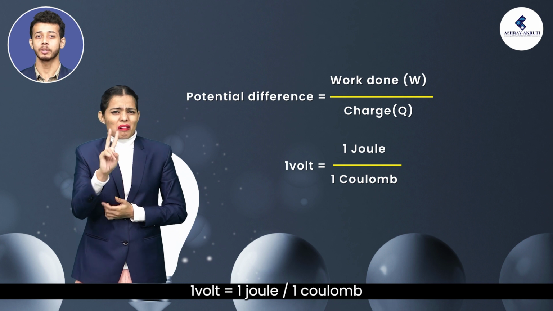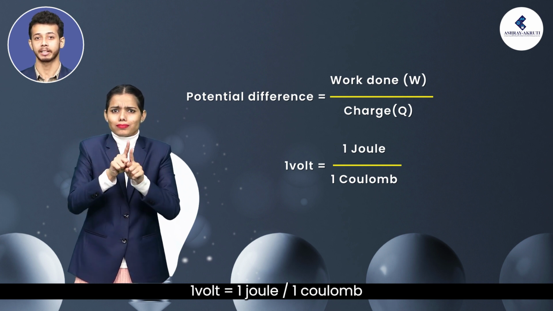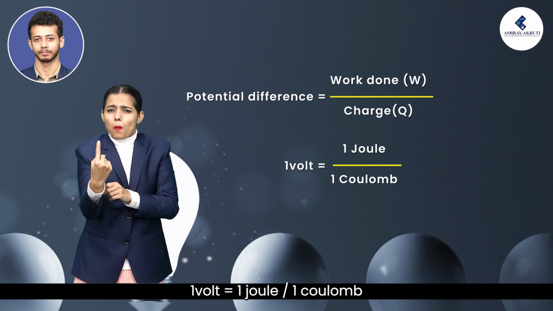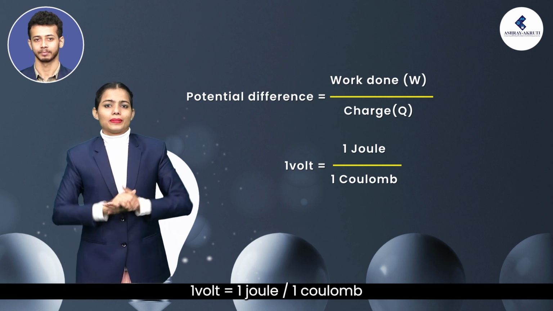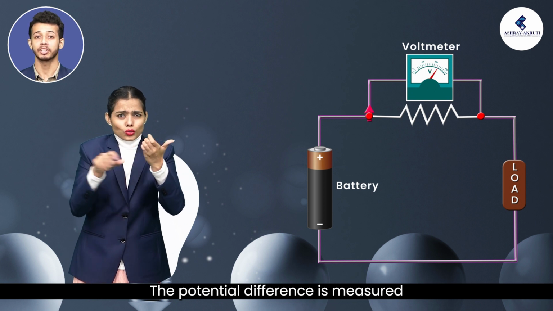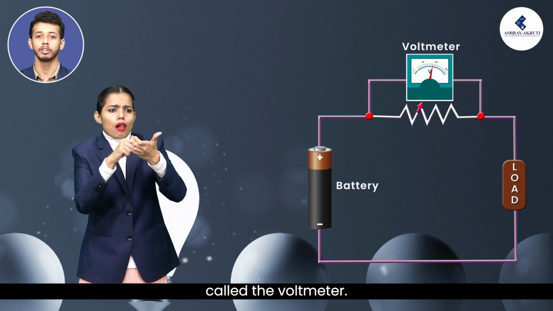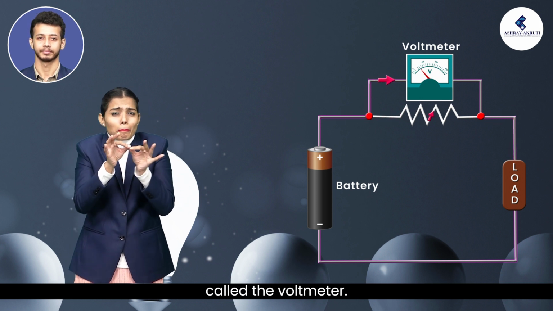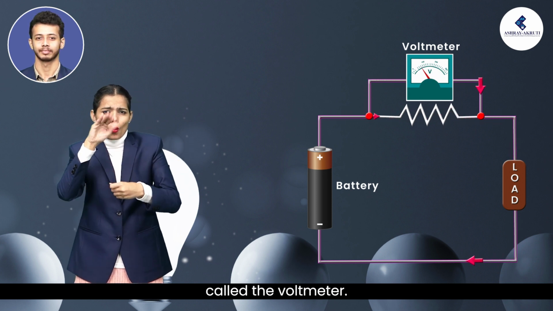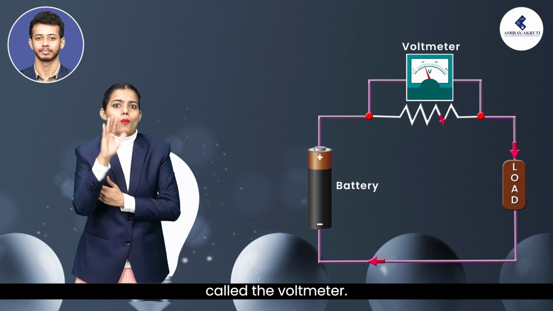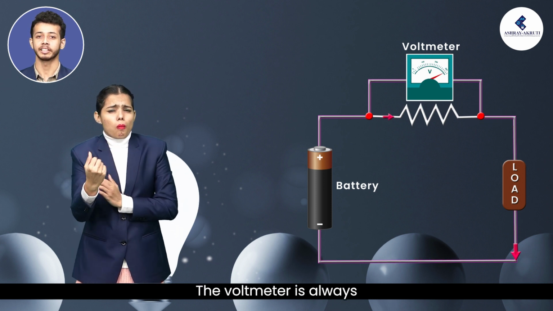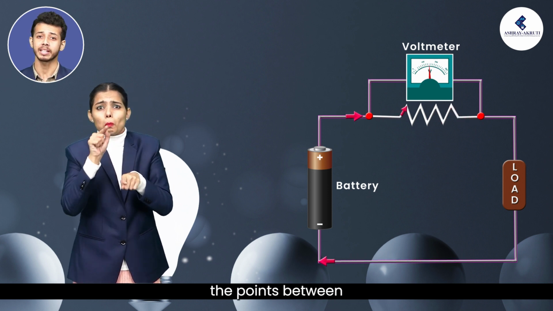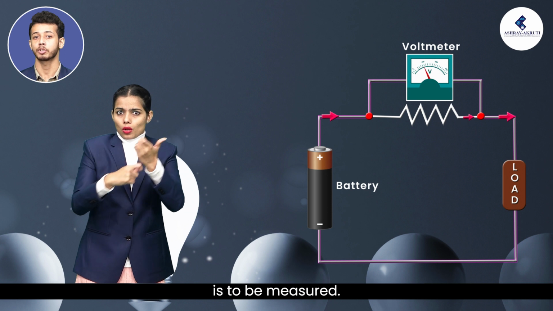One volt equals 1 joule divided by 1 coulomb. The potential difference is measured using an instrument called the voltmeter. The voltmeter is always connected in parallel across the points between which the potential difference is to be measured.